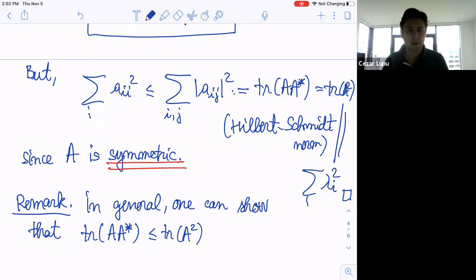You can show this by just an application of the Cauchy-Schwarz inequality. Anyway, I'll leave this to you as an exercise.